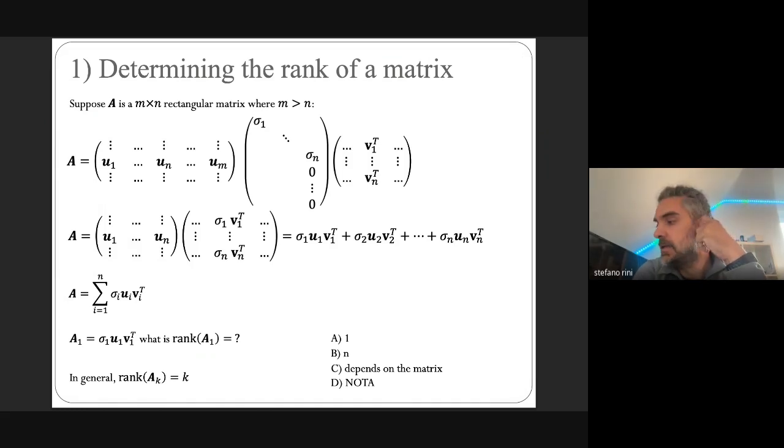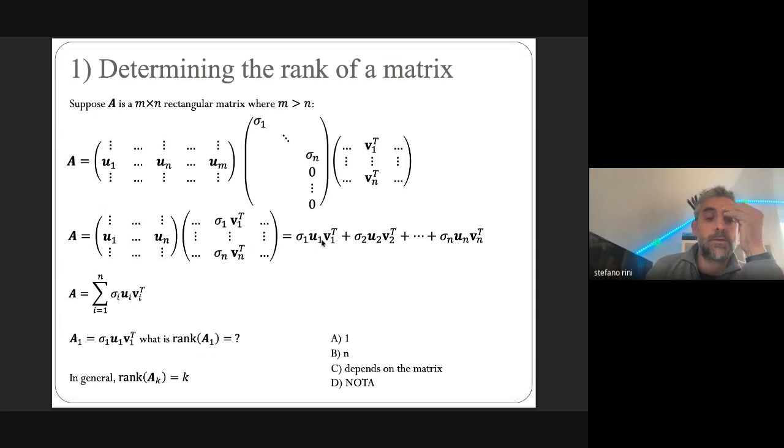Sometimes you forget how you can rewrite matrix multiplication as a function of the eigenvectors and eigenvalues. Okay. So let's say that we have the SVD of the matrix A. Then we can write the matrix as a linear combination, with the singular values as coefficients, of the multiplication of the left singular vectors and the right singular vectors transposed.